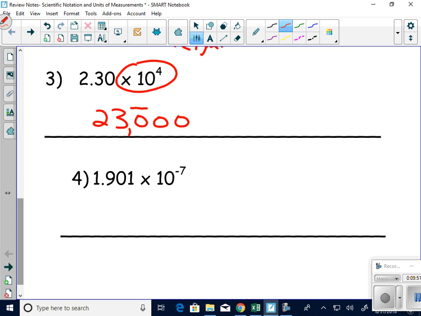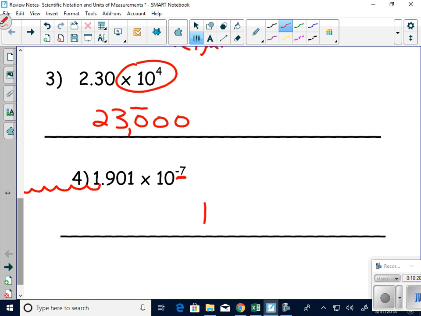Now, I know that I am jumping it 7 in the negative direction. What direction is the negative direction? Taylor? Negative direction is the left, so I'm going this way. So I'm jumping this 7 spots. 1, 2, 3, 4, 5, 6, 7. Boy, I ran off the board there.